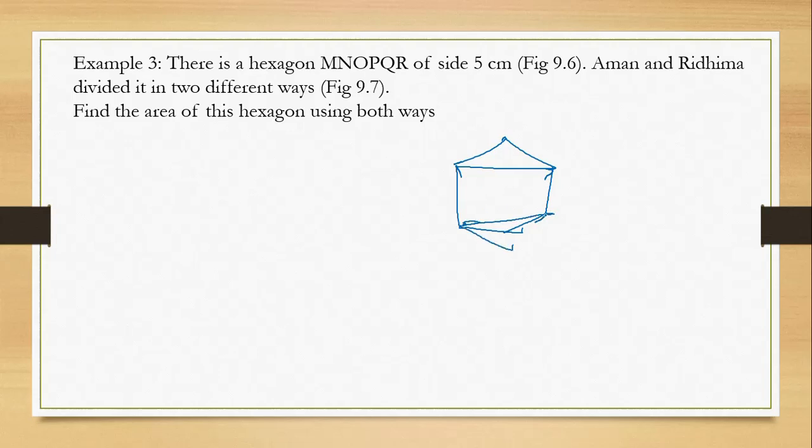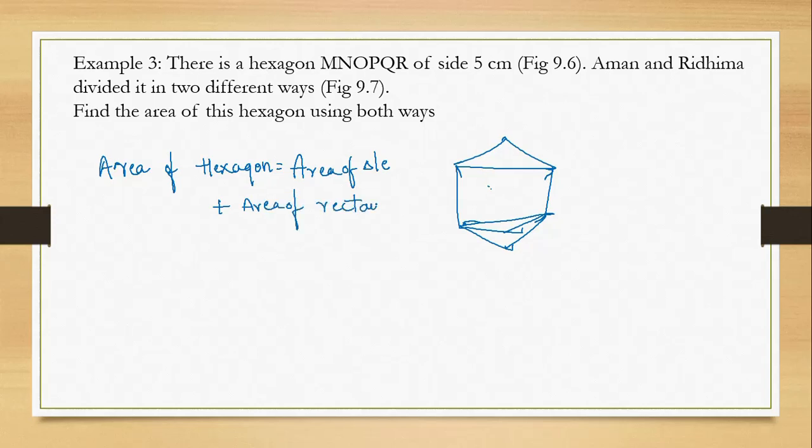I didn't draw it neatly here. So the area of the hexagon is equal to area of triangle 1 plus area of rectangle plus area of triangle 2. This is area of triangle 1 and this is area of triangle 2.